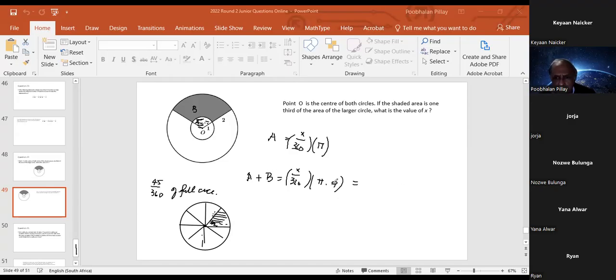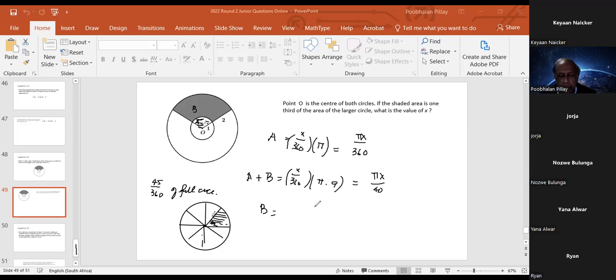Right. If you simplify this, 9 goes into 360, 40 times. So you have pi x over 40. And here you got pi x over 360. That's your A. So we got what A is, and we got what B is.